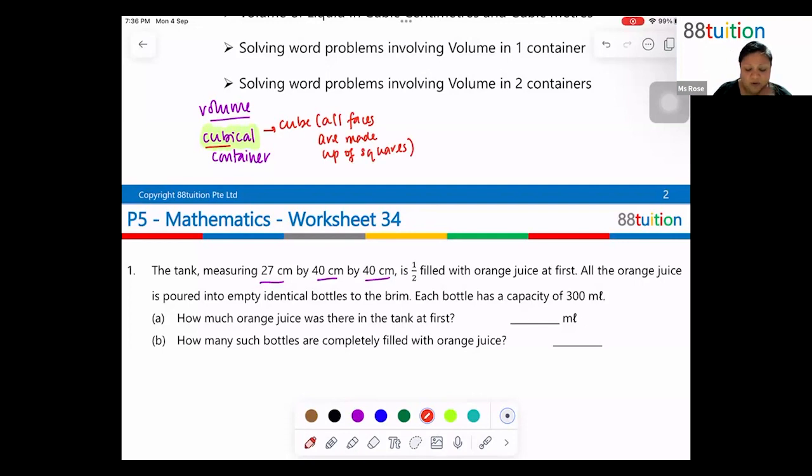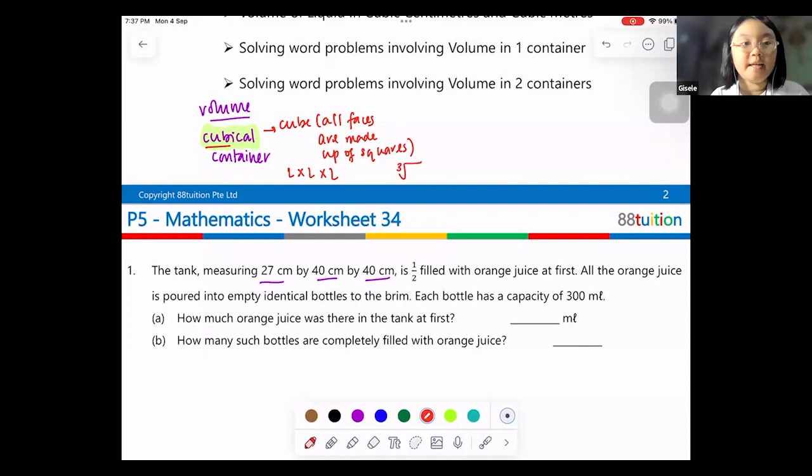So to find volume will be equal to length times length times length. And if you are given the volume, you want to find the length, you can use cube root. Are you able to find this cube root in your calculator? Yes? Okay. So I don't have to go through the cube root.